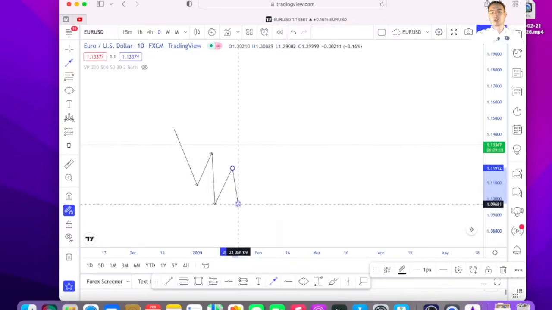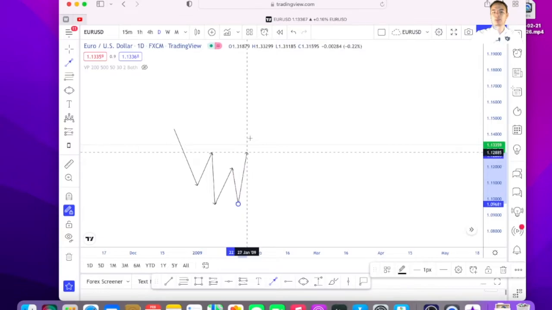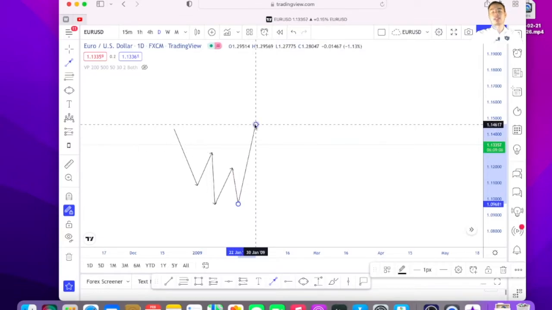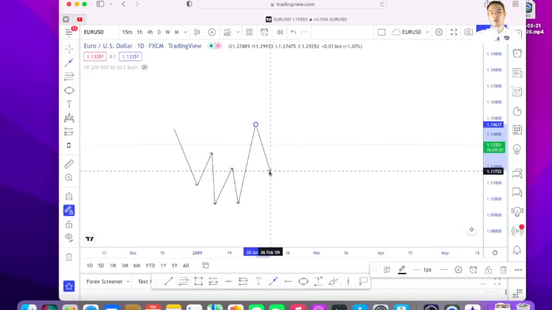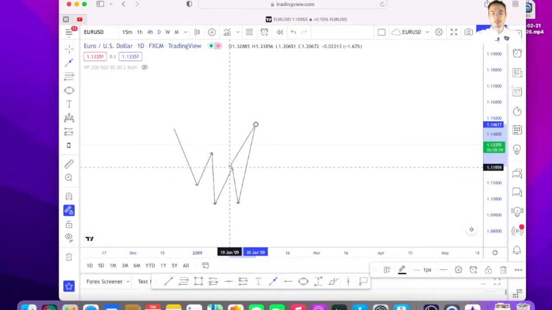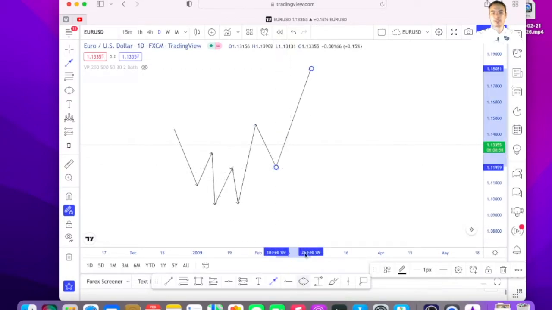So it makes an equal low, then pushes above, breaks, makes a higher high, indicating buying opportunities, uptrend. So we wait for the retest on the neckline. A double bottom has a neckline, and this is where we would look for buying opportunities over here.